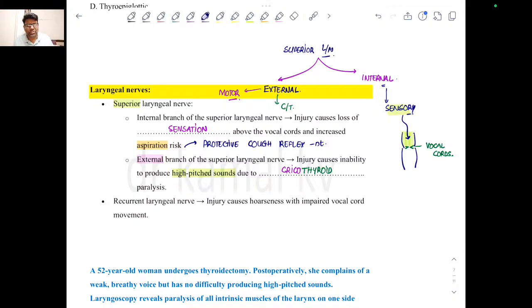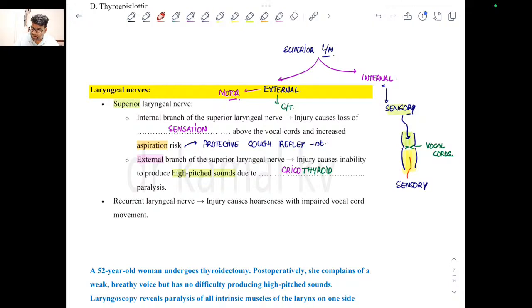Because the sensations are not going, one cannot perceive the presence of a foreign body in the upper part of the larynx above the level of vocal cord. Now the question is, which nerve is giving sensory innervation below the level of vocal cords?